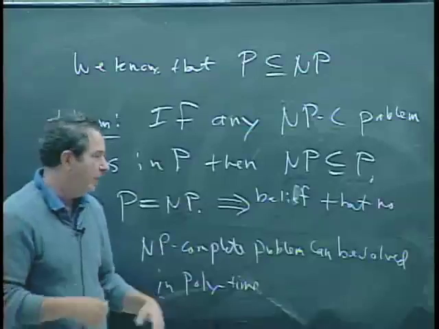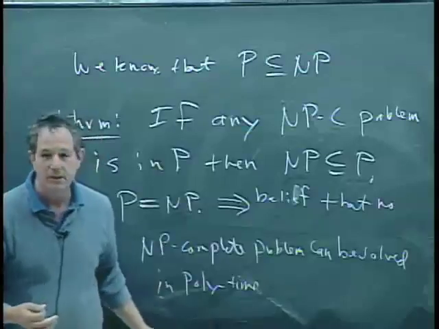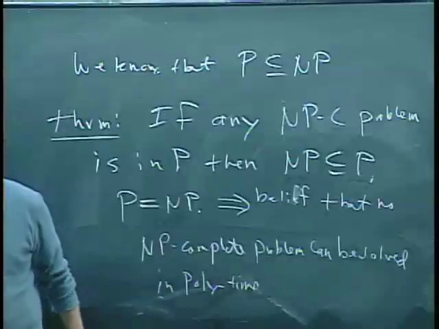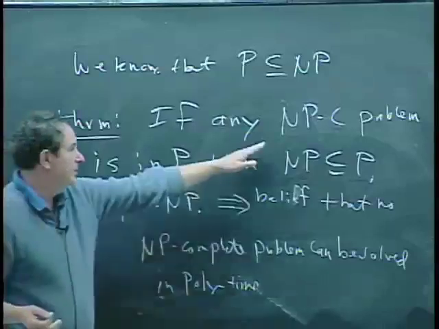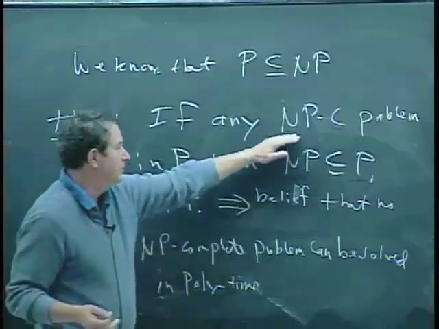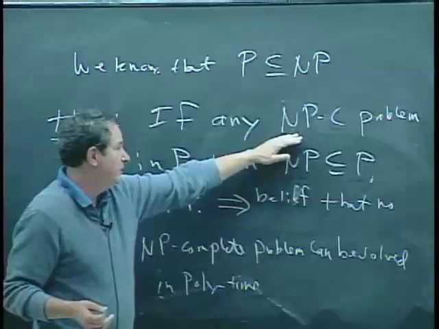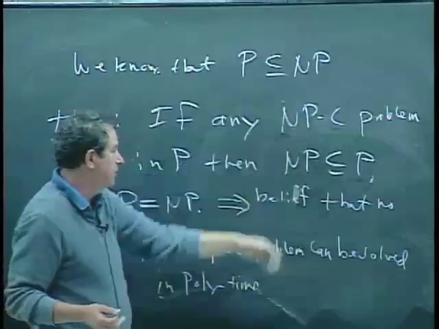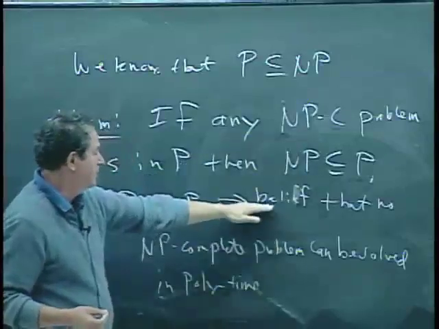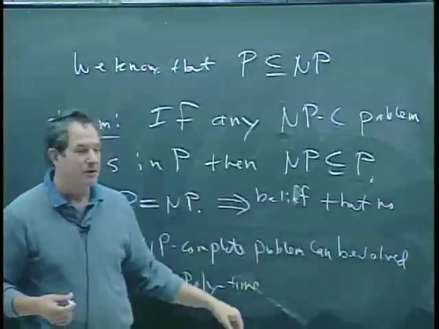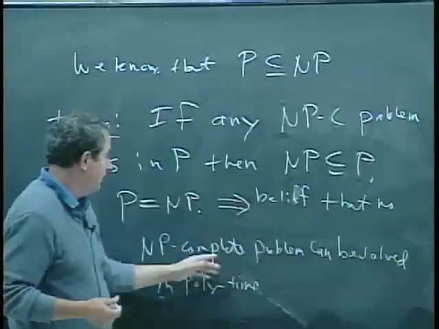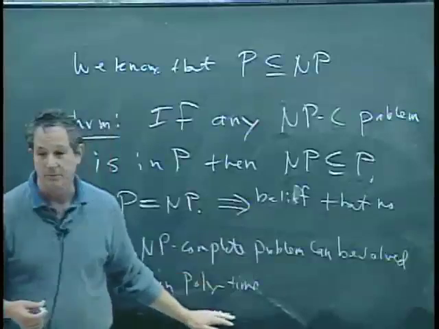So if you have a problem that you're dealing with, and you try to show that it's solvable in polynomial time, but you fail, maybe then you should try to show that it's NP-complete, because that puts you in the company of people who believe that no NP-complete problem can be solved in polynomial time.